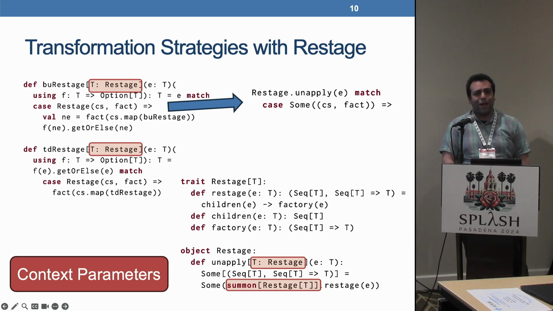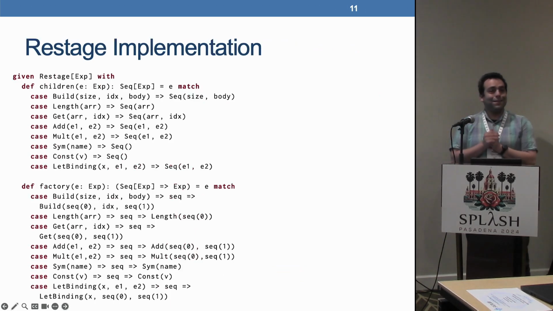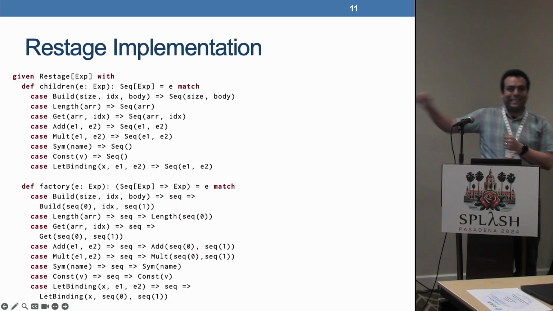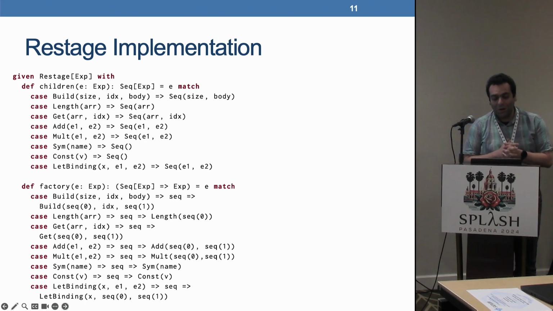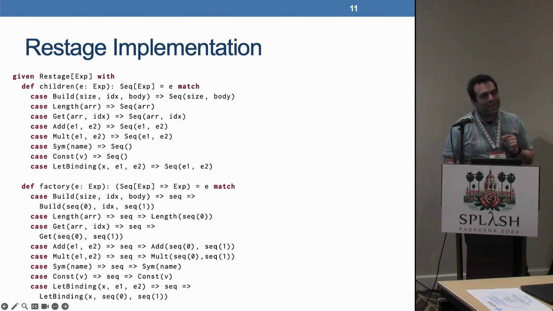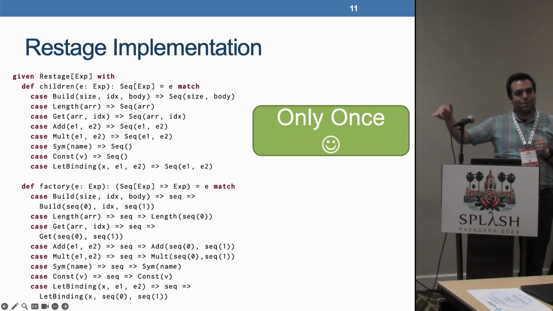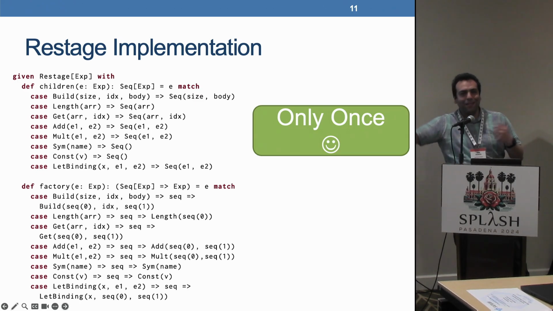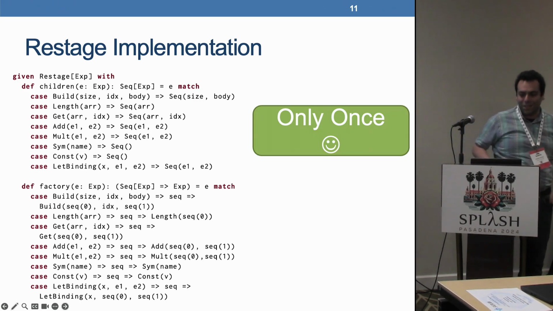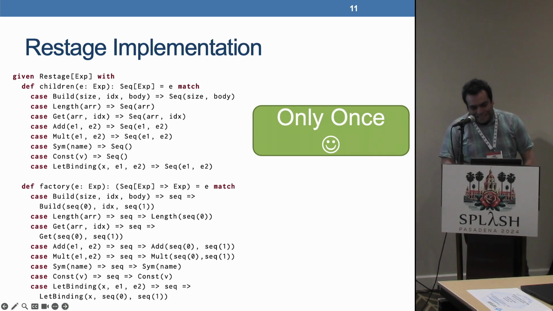And okay, there is no free lunch. Of course, at some point I should have the boilerplate code. Where is that? It's actually to provide that type class interface. We have, again, boilerplate code. But the good thing is that I need to do it only once for every language. Actually, twice, because I have to do it once for the children and once for the recreation of each of the constructs.